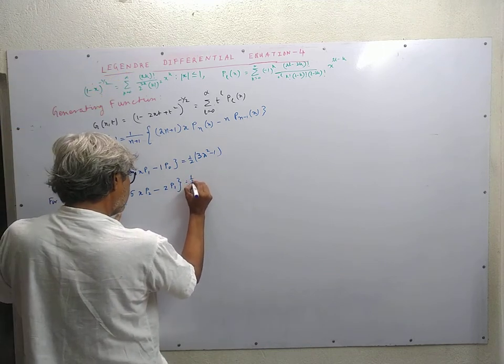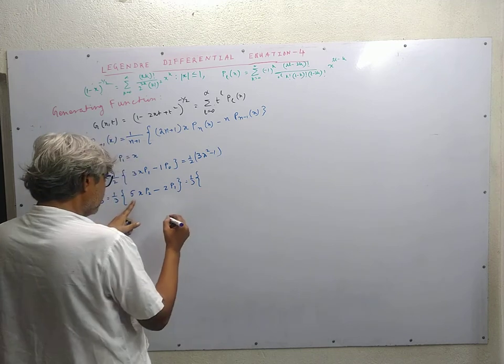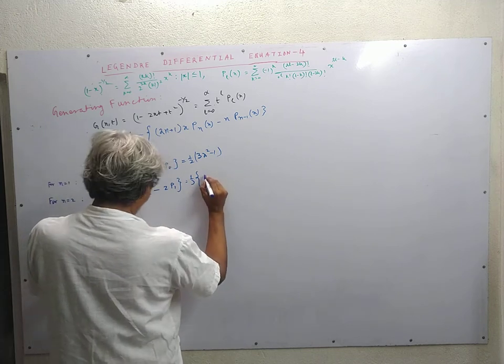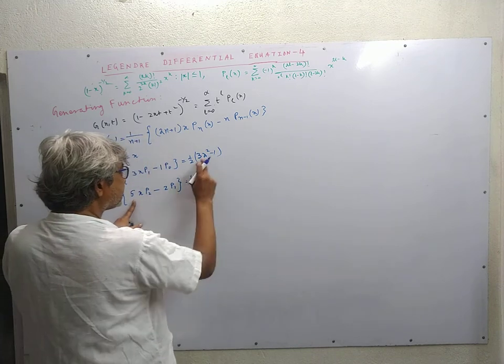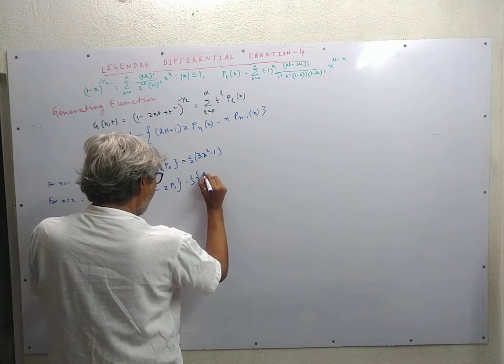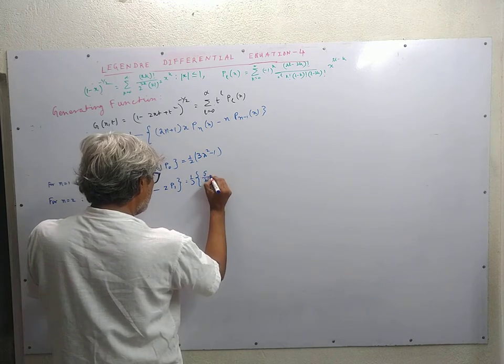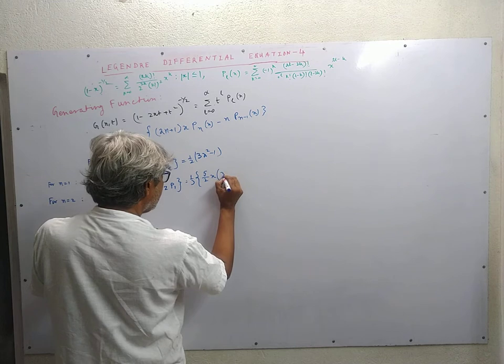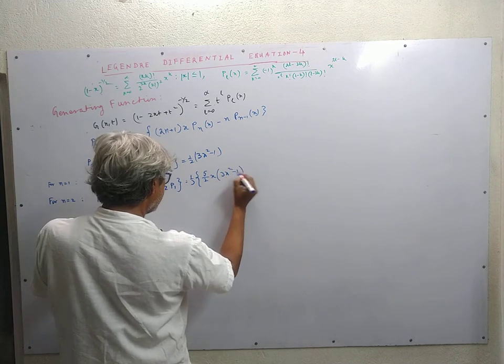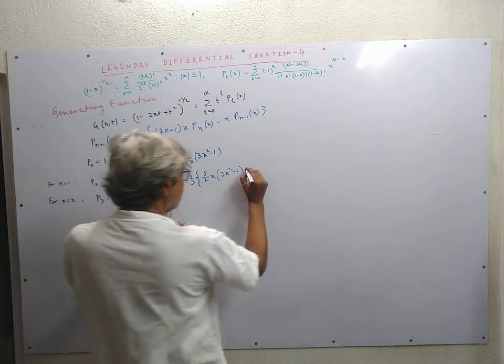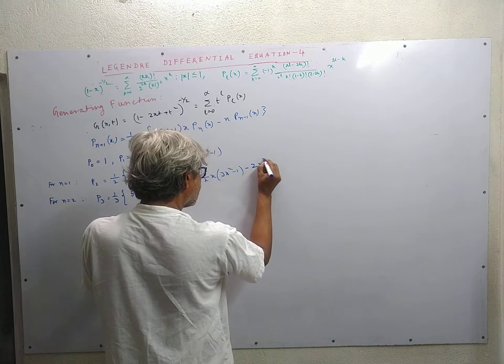So 1/3 times [5 x P2, and P2 is (1/2)(3x squared minus 1), and then minus 2x].